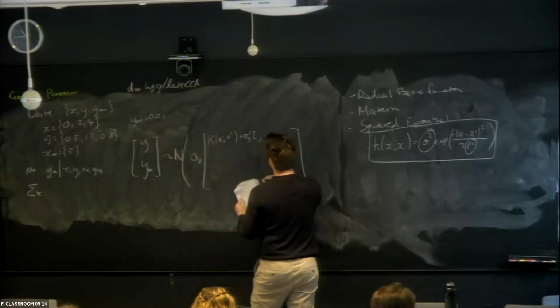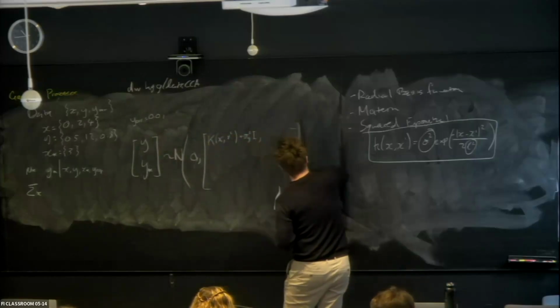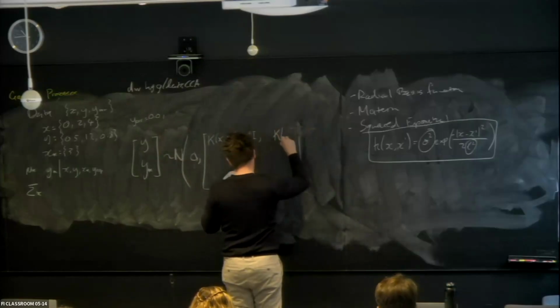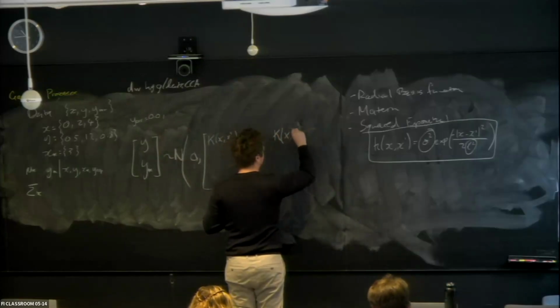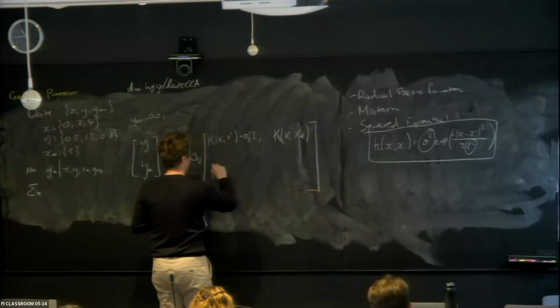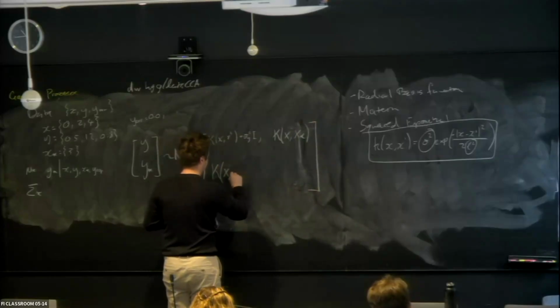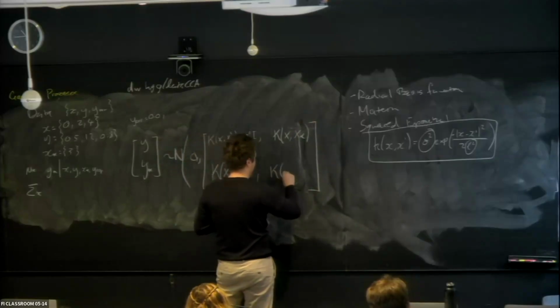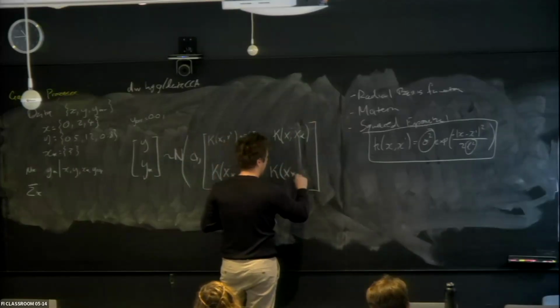So that's the top left part of this matrix. Then here we're going to have K evaluated at x relative to x star, so at our data points relative to what we want. And then down here, we'll have the symmetry of that, x star transpose. And then down here, we'll have K evaluated at x star, x star.